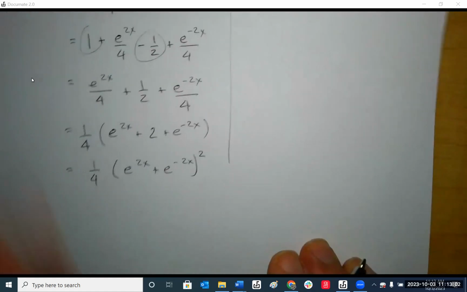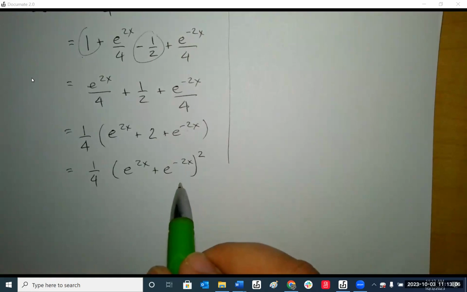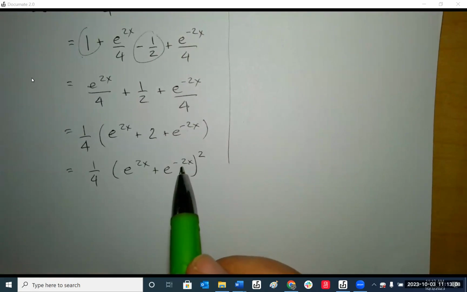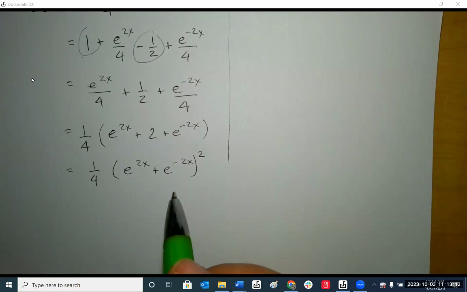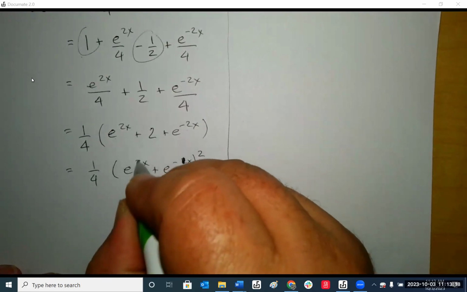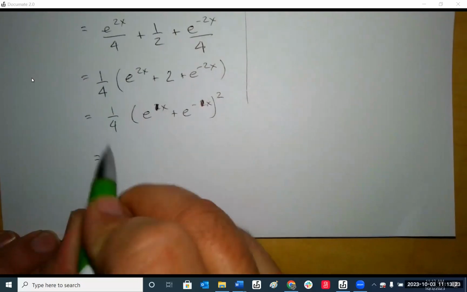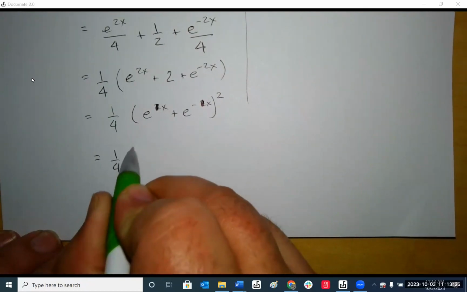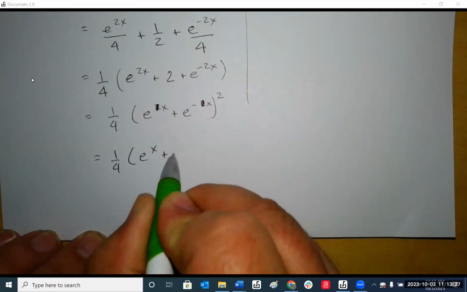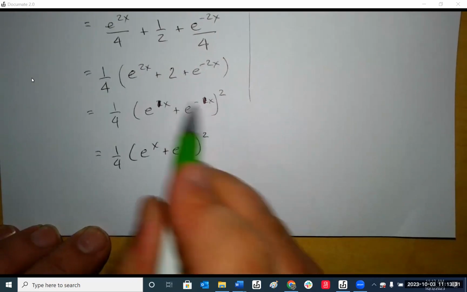That's a perfect square. That times that equals that. Yeah, so we square them.